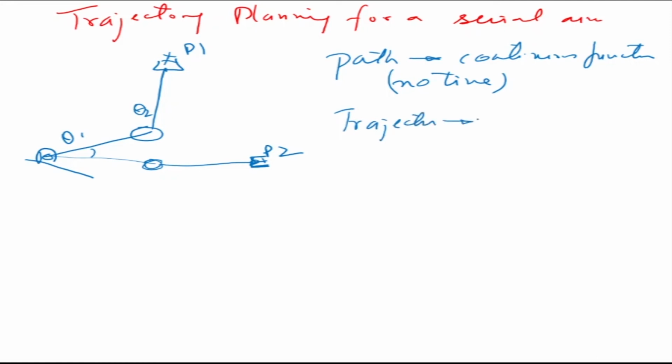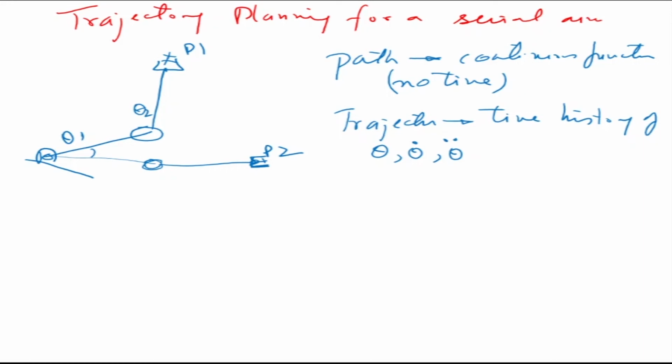A trajectory is the time history of theta, theta dot and theta double dot. Here there are two thetas, theta 1 and theta 2, so I need to control theta 1 and theta 2 separately, by fitting trajectories to theta 1 and also to theta 2.